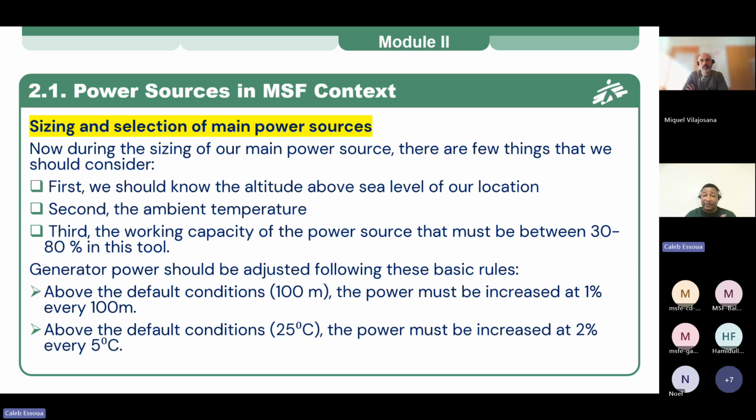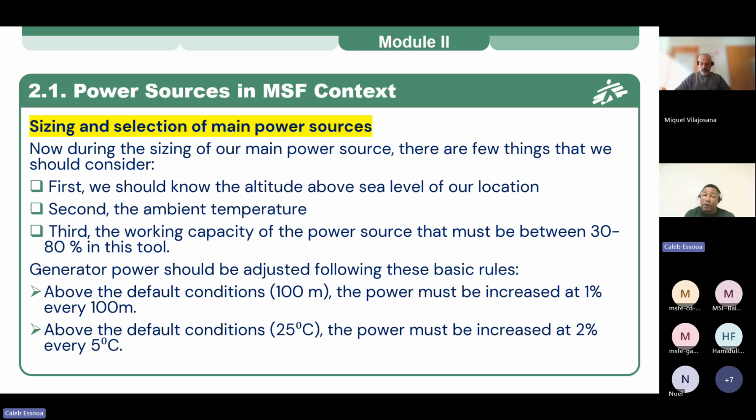Now, if you size your generator and you are in a location where the altitude is more than 100, let's say 200 or 300, and the temperature is 35 or 40, then for the altitude, for each 100 meters more, you have to add 1% to the capacity of the generator. If your temperature is more than 25 degrees, each 5 degrees means a 2% increase of the generator capacity.